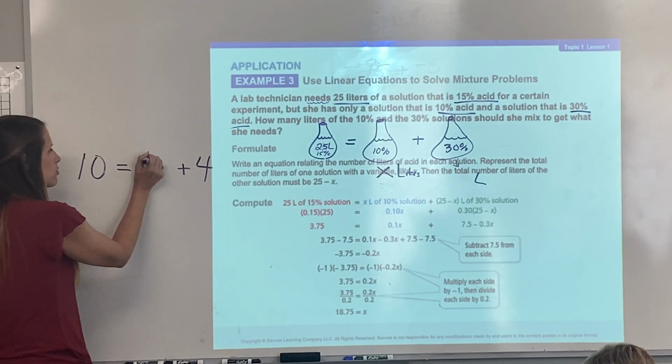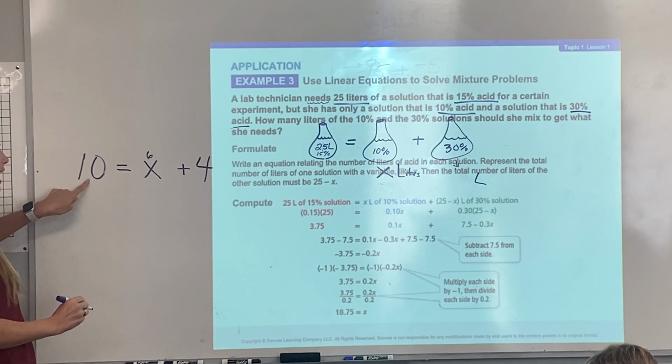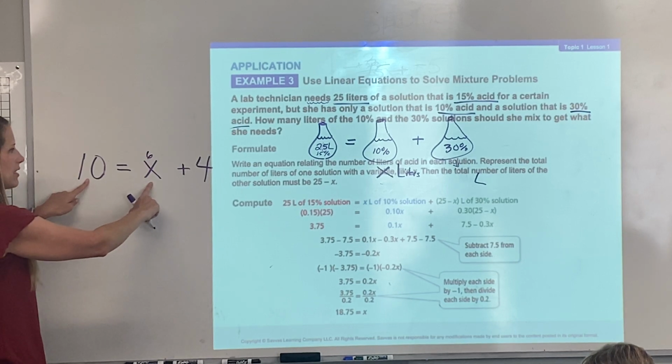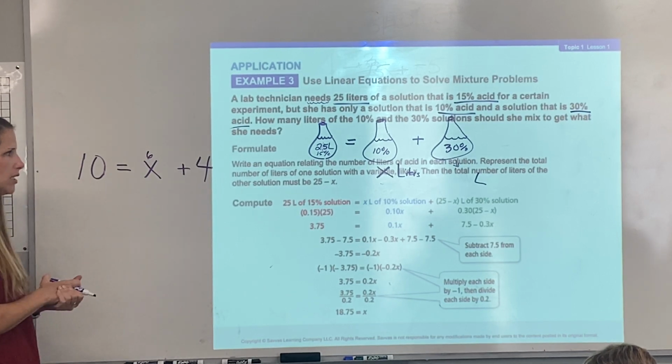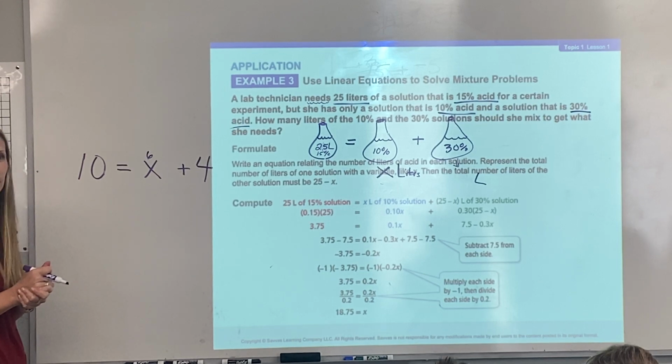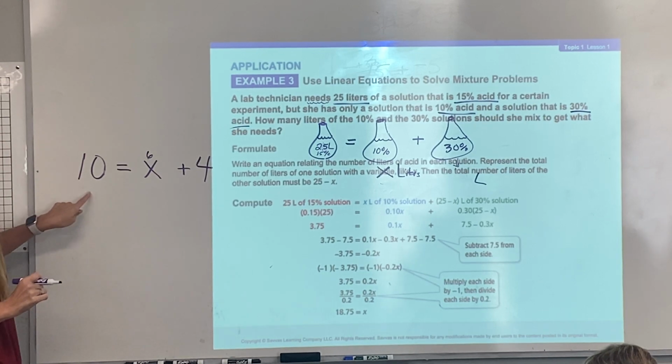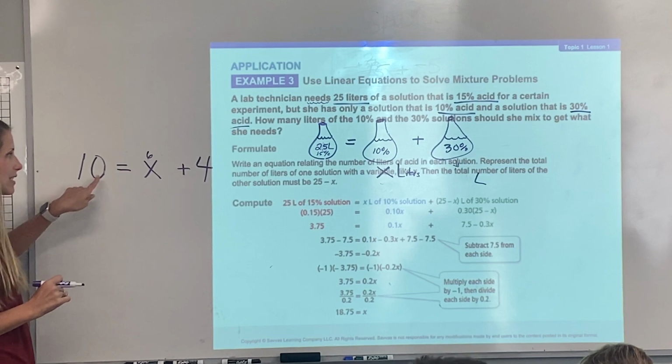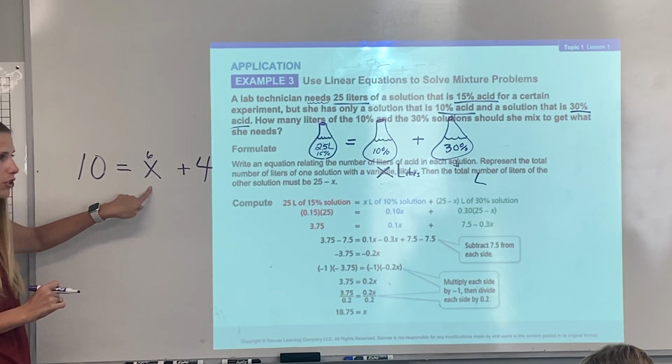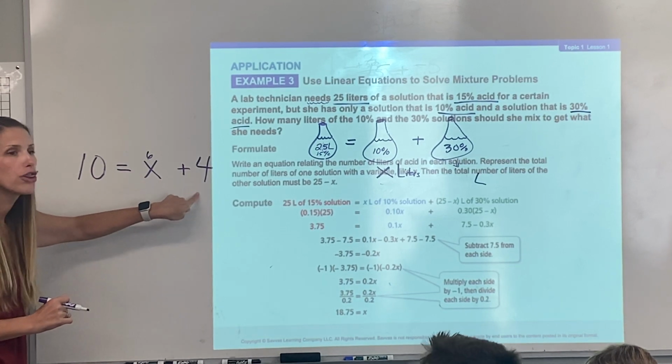You said x is 6, which is correct. How do you use 10 and x to get 4? Correct, the total minus your x value, and that will get you the rest.